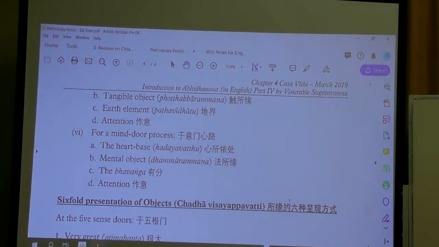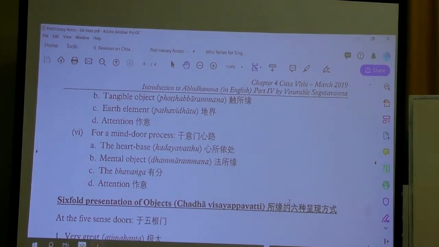For the mind process, it's a little bit important. The heart base, hadayavatthu, and mental object, dhammarammana, the bhavanga, and attention. Okay. Now according to the human realm, Brahma realm and Deva realm, it is right. But according to the immaterial world, there is no heart base.